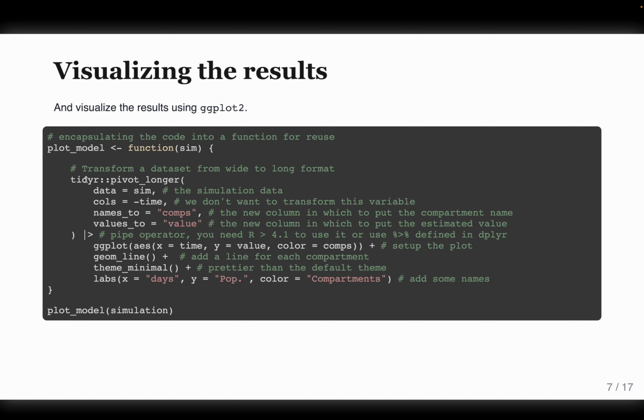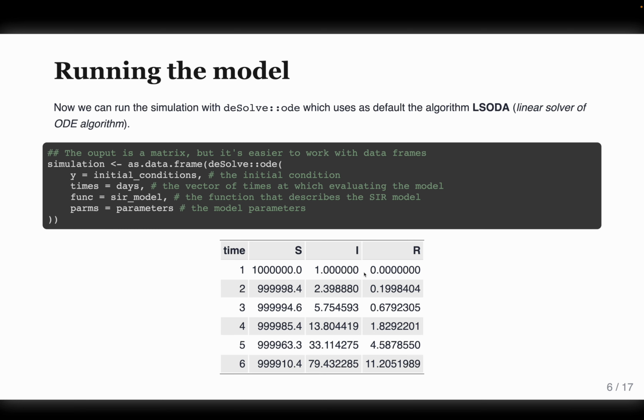from the tidyr package. What does this function do? It takes a wide format data frame like this one, in which you have a column for each compartment, into a long format data frame in which we will have just two columns, one with the compartment, so we have S, I, R, S, I, R, and then a value column with the value for each compartment.